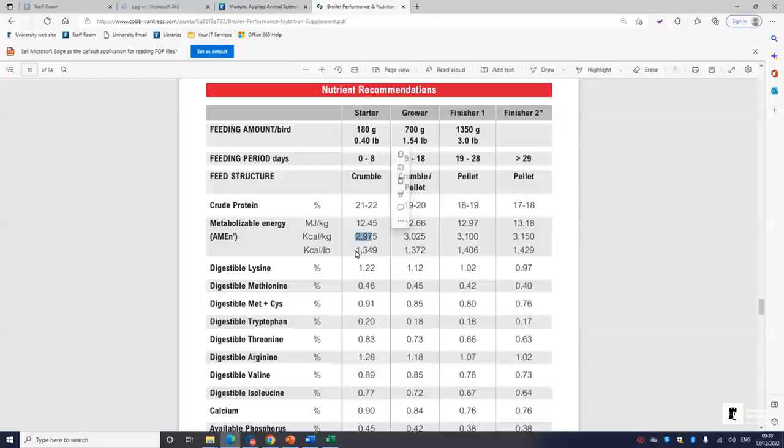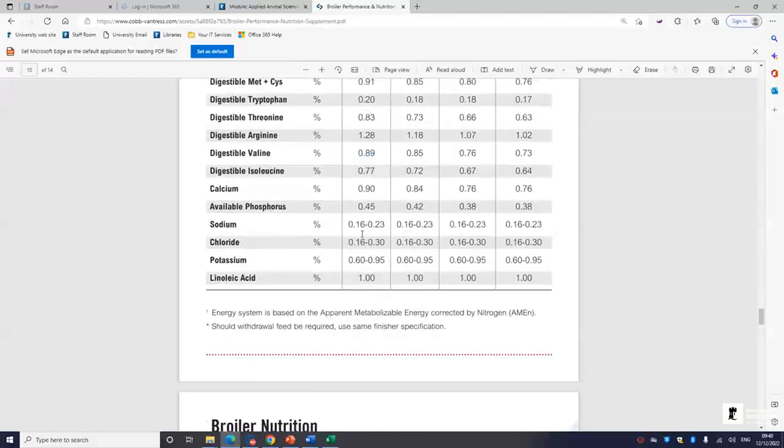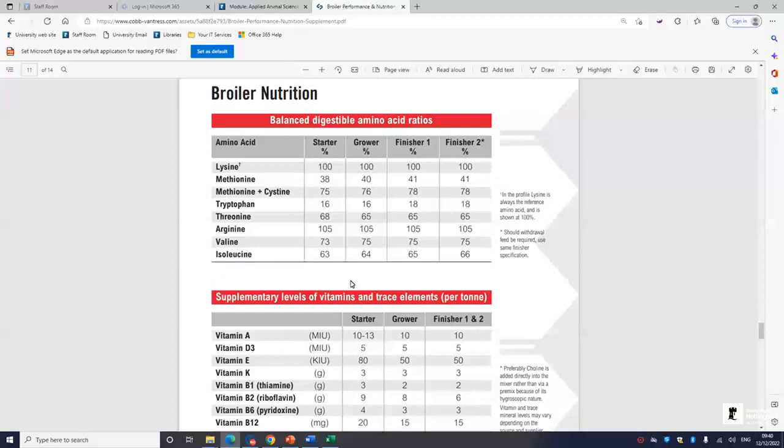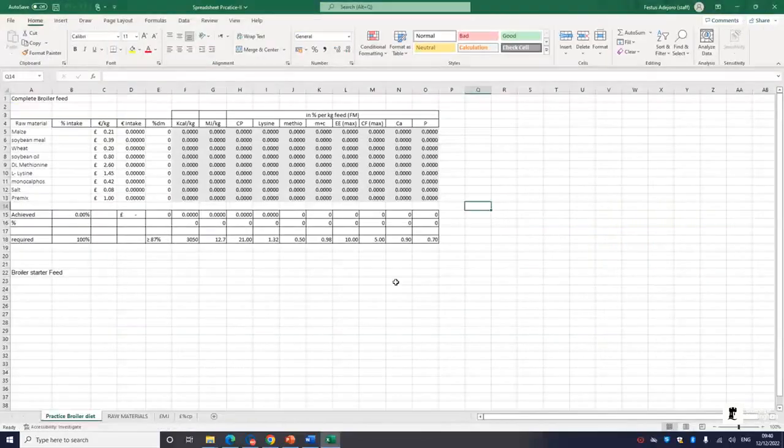If it is in kilocalories per pound, that's 1,349. Requirement for digestible lysine, methionine, tryptophan, threonine, arginine, valine, isoleucine, for calcium, for phosphorus, chloride, linolenic acid. You see, all of the information we talk in terms of nutrient requirement of the animal can be obtained in sources like this. And like I said earlier on, textbooks also have some of that kind of information.